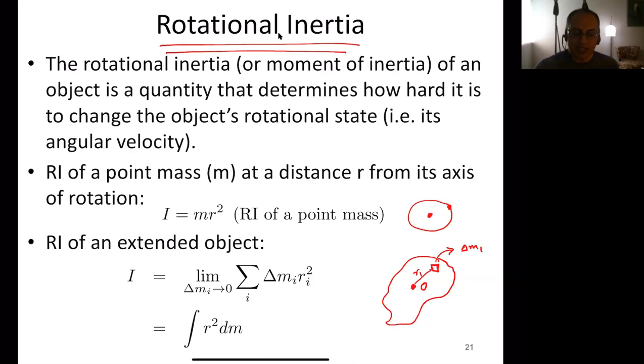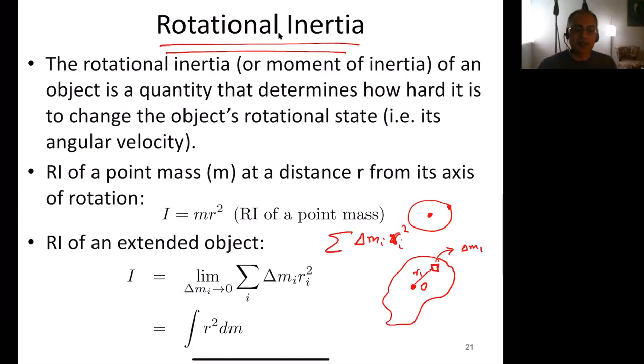So the moment of inertia of this first segment would be delta m1 r1 square, using our formula for the point mass, right? And so how would I find the moment of inertia of the whole thing? I would just do the same thing for every segment that's there. So I would basically do summation over all such segments, delta mi ri square.